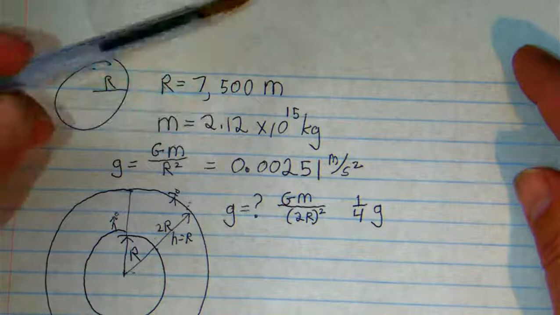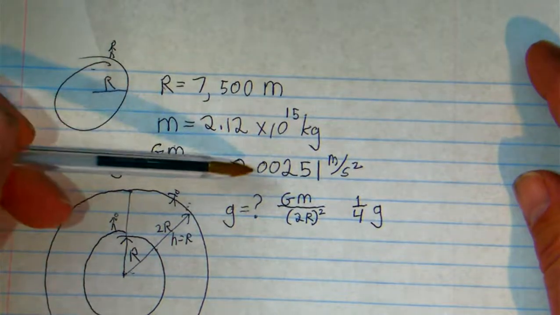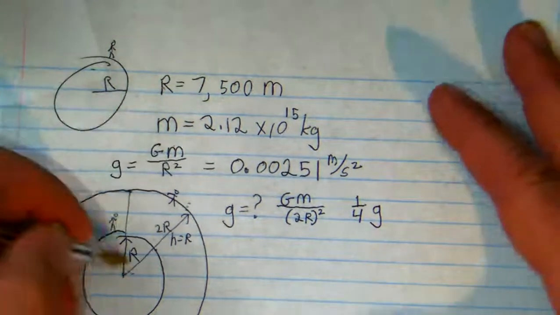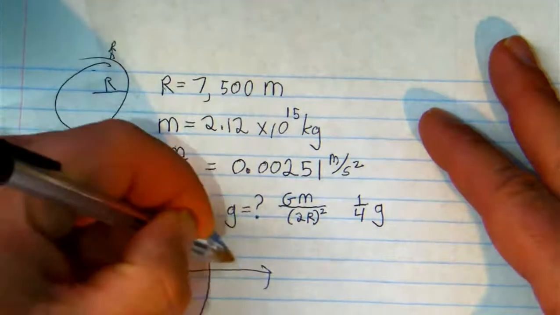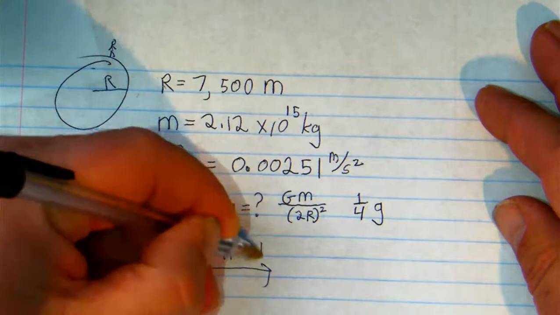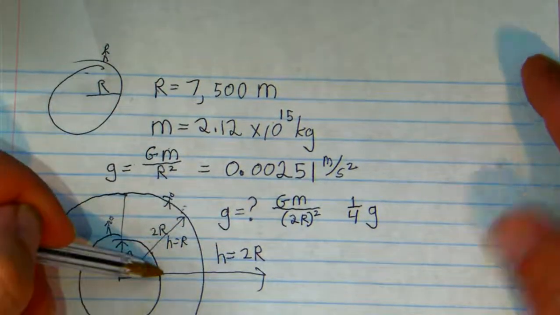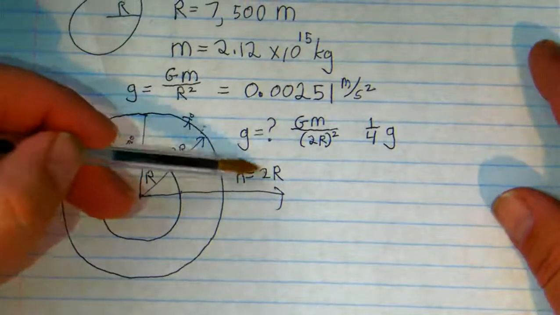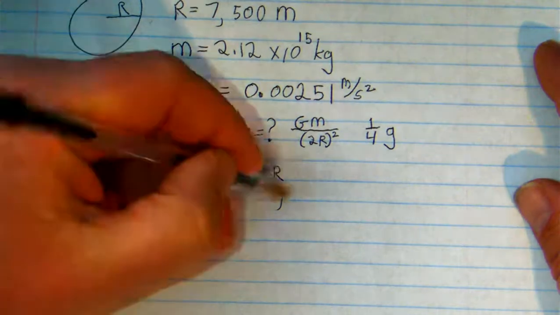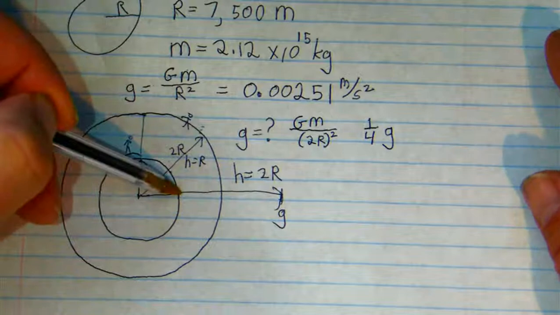Sometimes I want to give you a physics problem where you can't actually calculate the value on the surface. I'll just say I'm at a radius of 3r, or maybe I'll even tell you I'm at an altitude of 1 diameter above the surface of the planet, a radius of 2r above the surface. What's the acceleration due to gravity up here compared to the acceleration due to gravity on the surface?